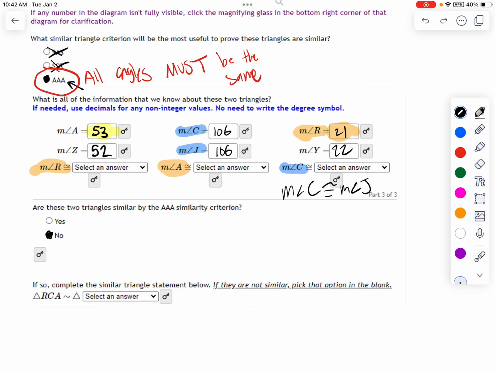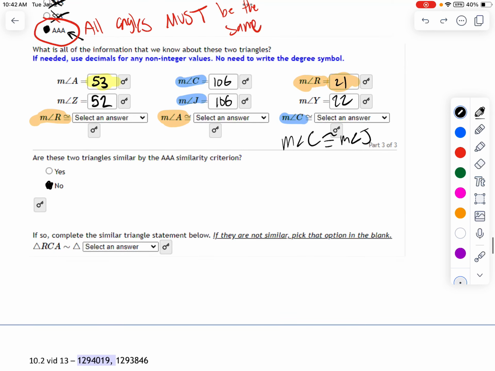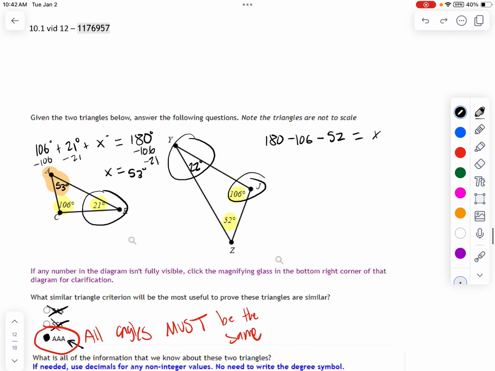If they were similar and you needed to write that similarity statement, you just keep the corresponding triangle, so RCA. It starts at angle R, the 21, and then it goes to the C, which is the 106.